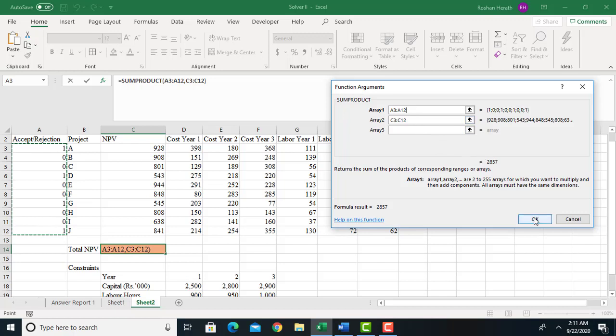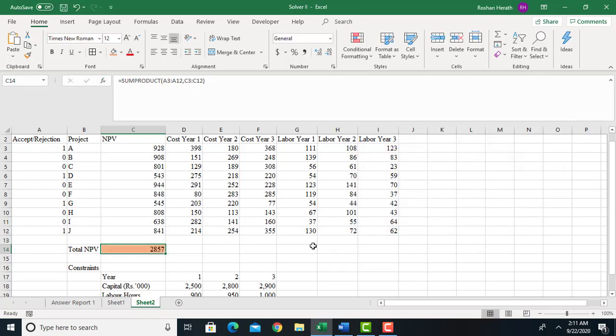Yes, now it works. Right, 2857. See, now if you change this, it still works. So if you change that and see whether it works, yes, it works. And here also, I might take the total of the projects that I accept.